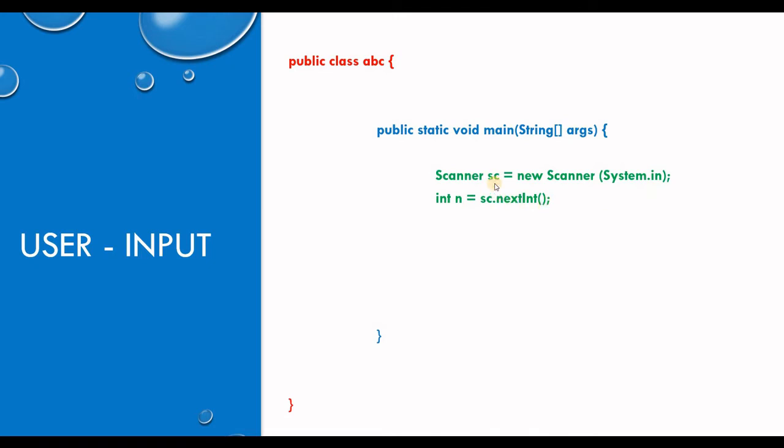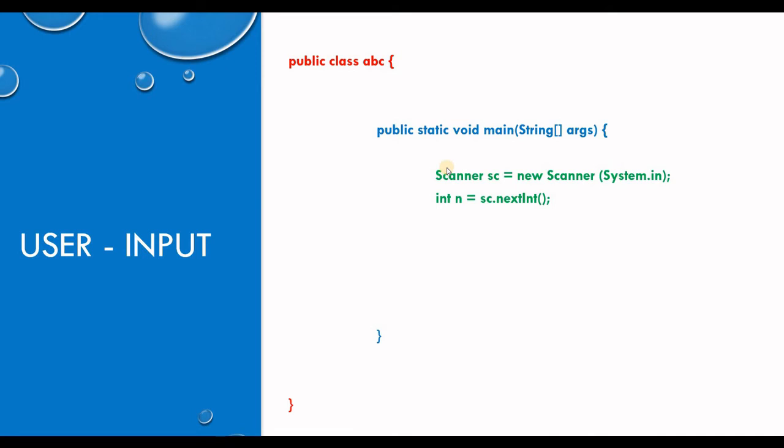Here SC is the object of scanner class, and we are using this object to call the functions written in the scanner class. If you are not getting this right now, it's totally normal. Just learn it up for now. We will be dealing with this in detail in the later part.